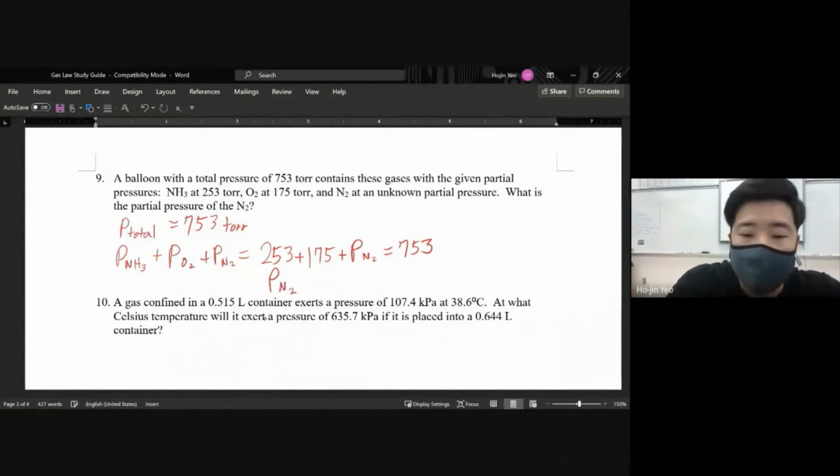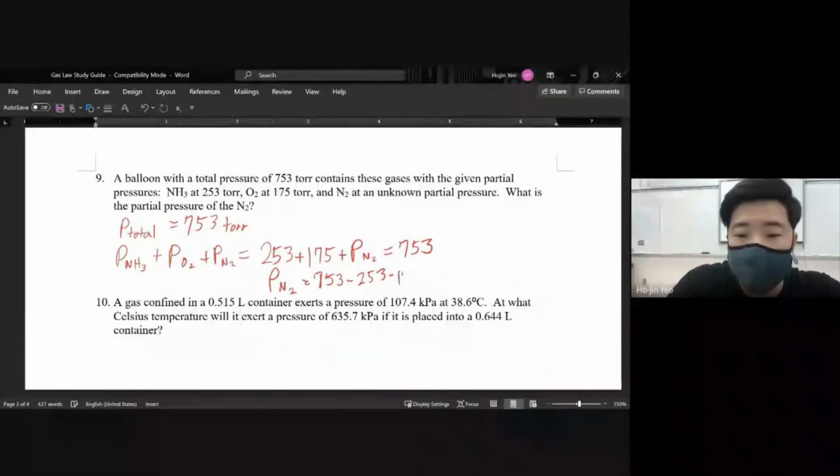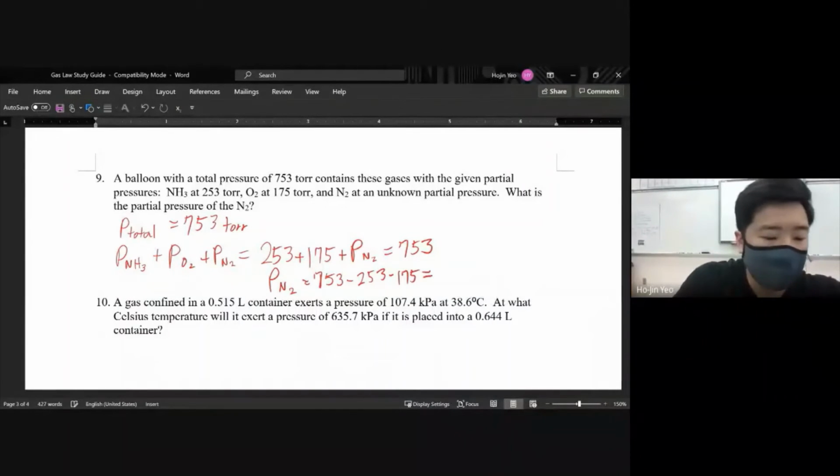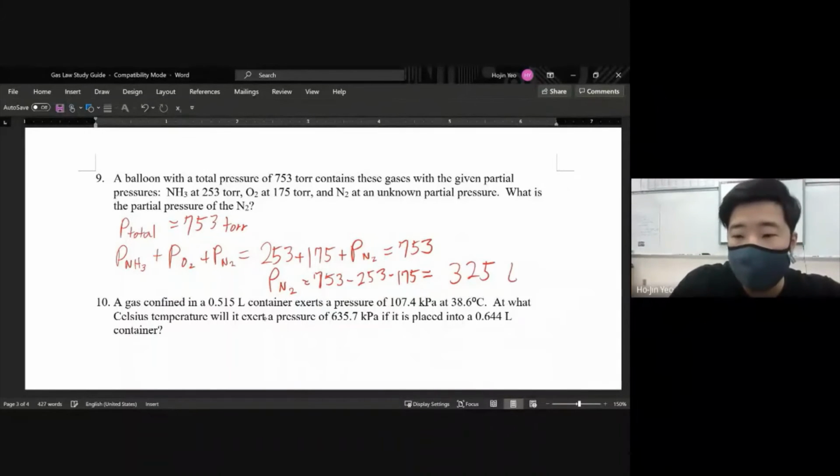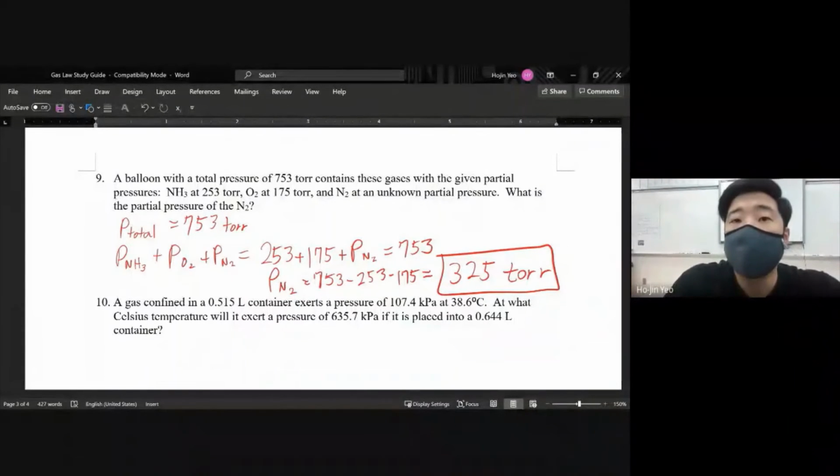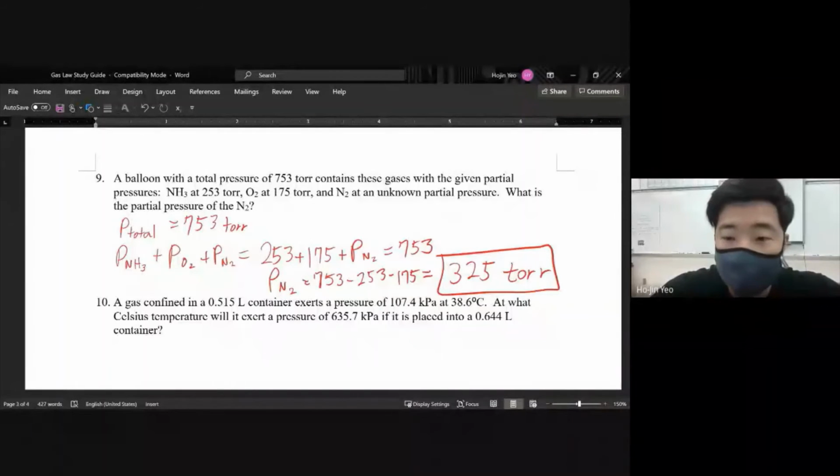So I'm just simply going to subtract the partials from the total to get the answer. So that should give you 325 torr as your answer. Okay. So if you need to review anything, just rewind or pause the video so that you can review this on your own.